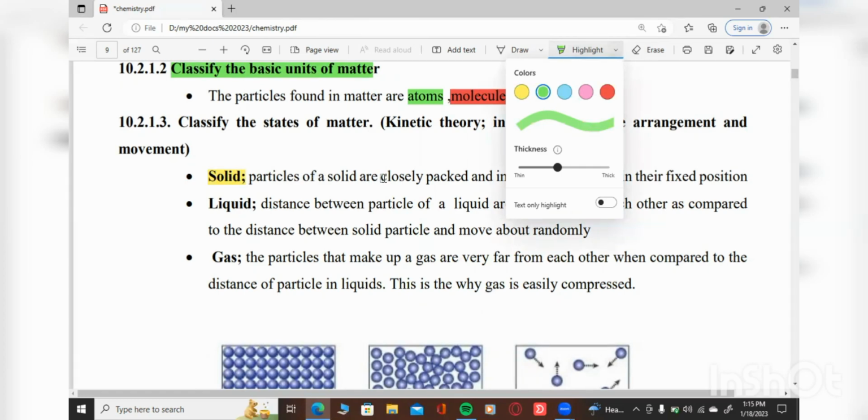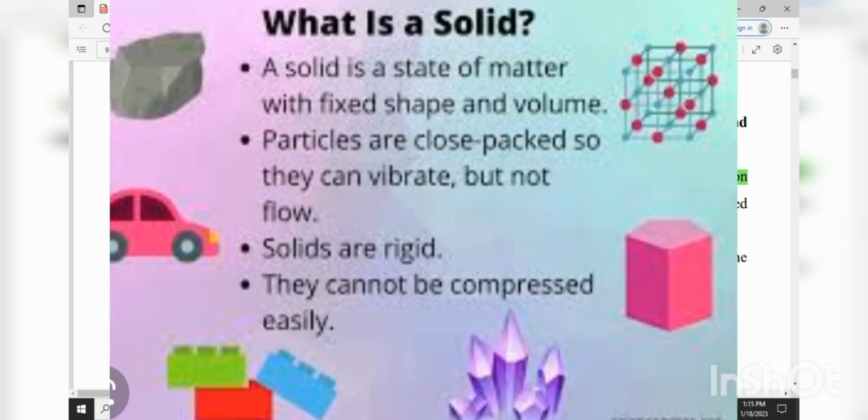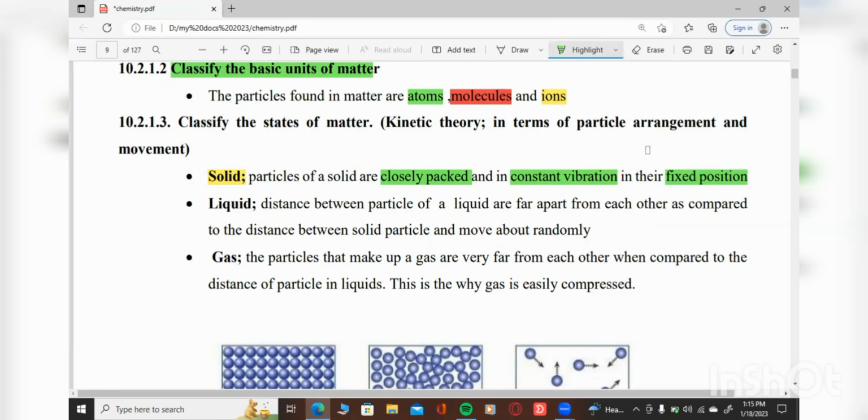Particles in a solid are closely packed and in constant vibration in their fixed position. What does that mean? The particles found in a solid are packed closely together, close to each other. And when it comes to movement, they only vibrate within their fixed position.